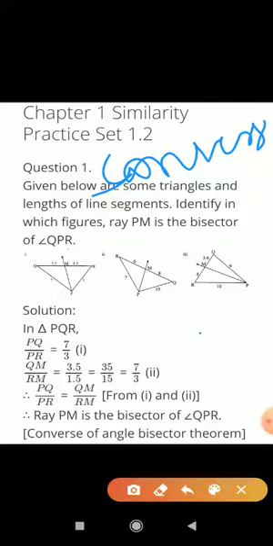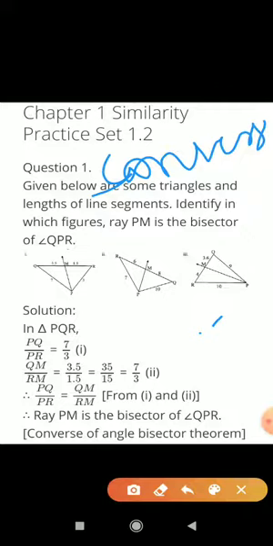If the ratio is not equal, then ray PM is not the angle bisector.